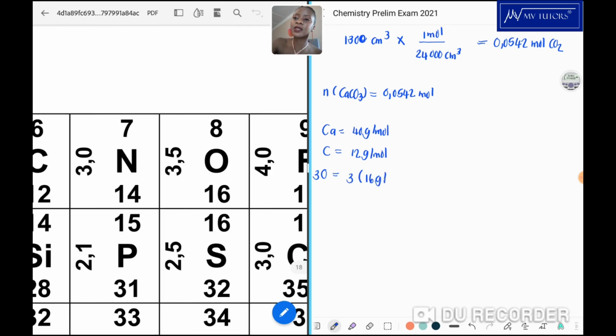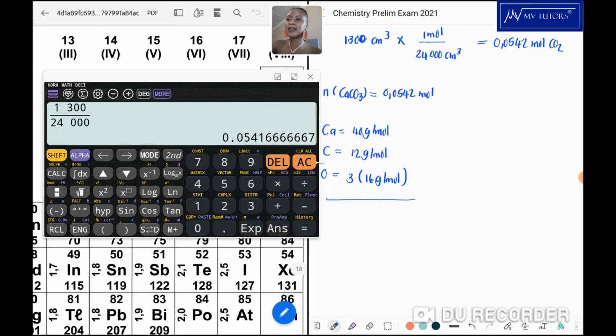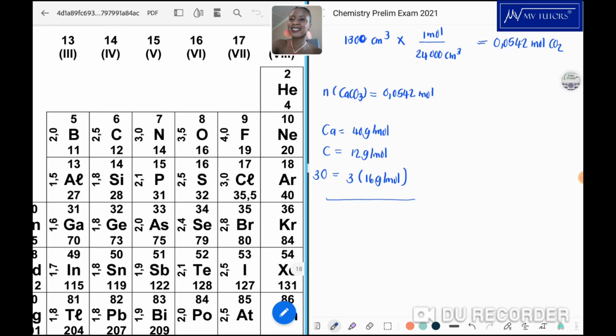So the total molar mass for calcium carbonate is 40 plus 12 plus 3 times 16, and that gives us 100. It's a nice number. So we have 100 grams per mole for calcium carbonate.